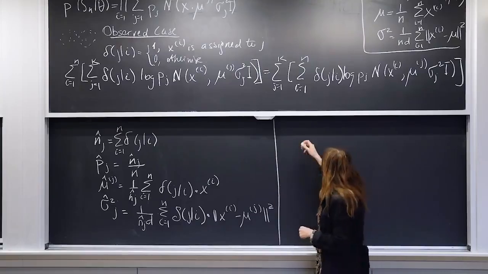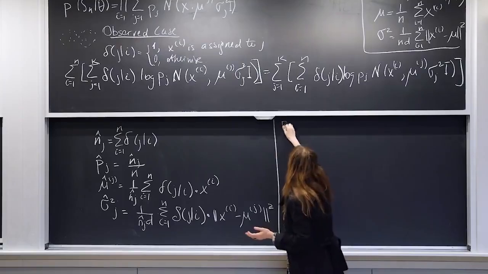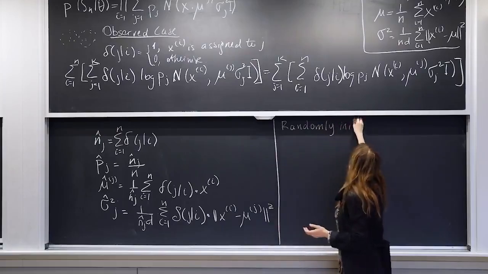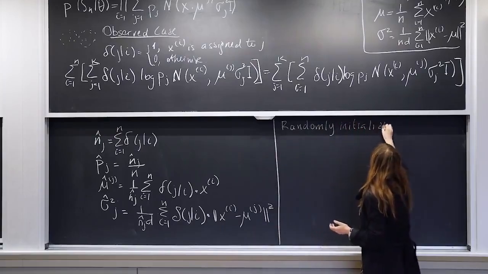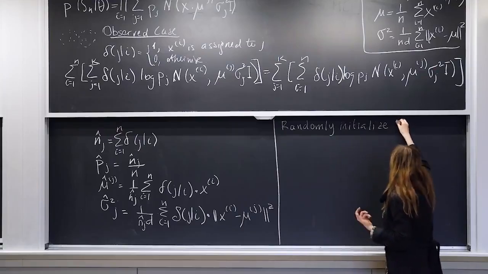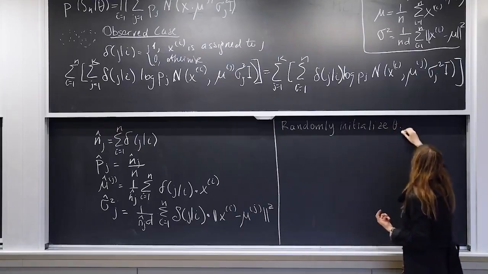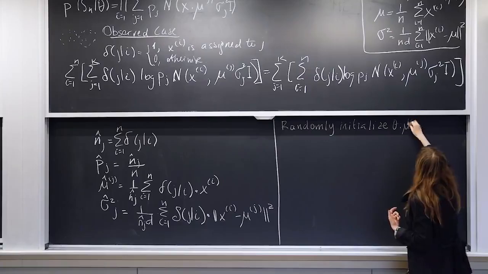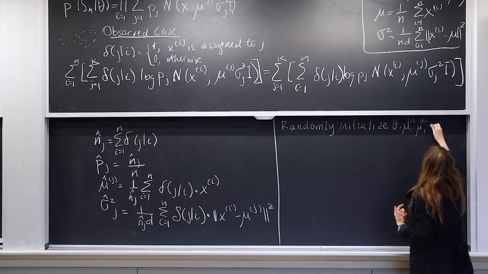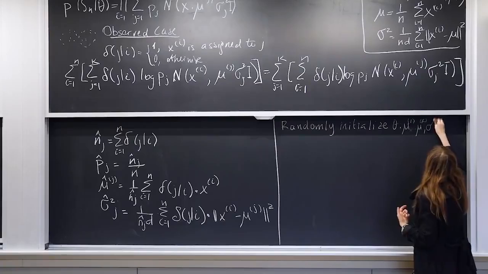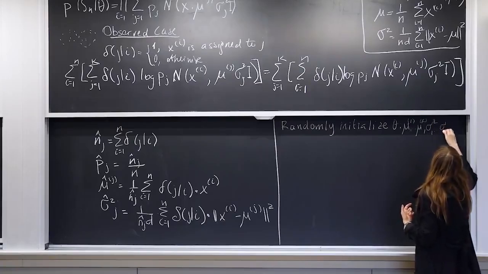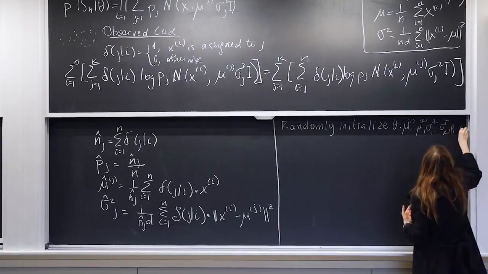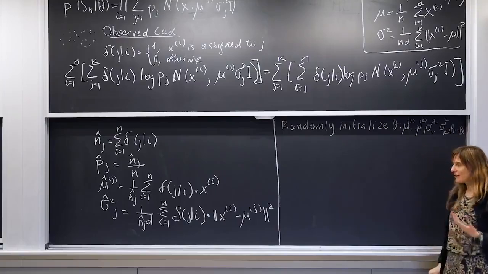So again, the first step for us, this is the 0 step, we randomly initialize all the thetas, which in our case means all the mu's, all the sigmas, and all the probabilities. Okay. This is random initialization.